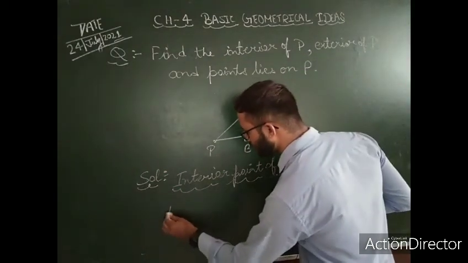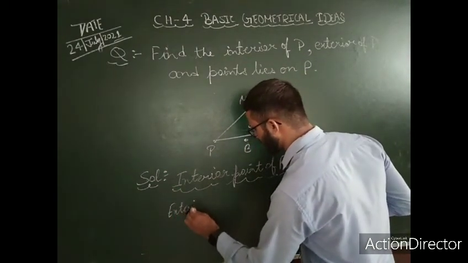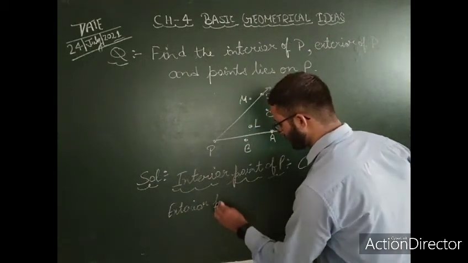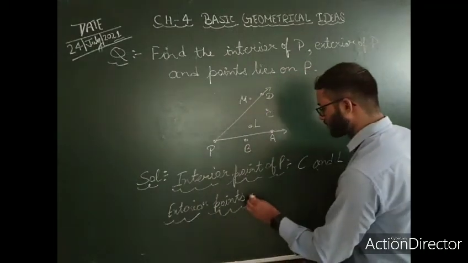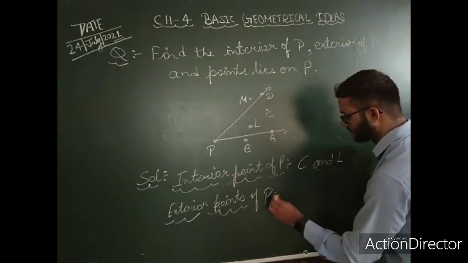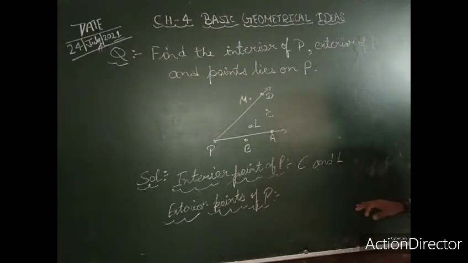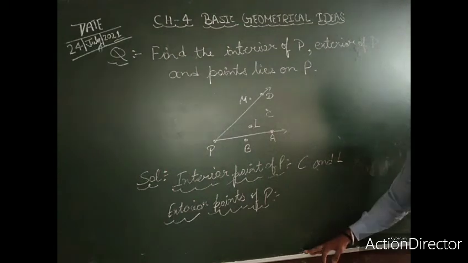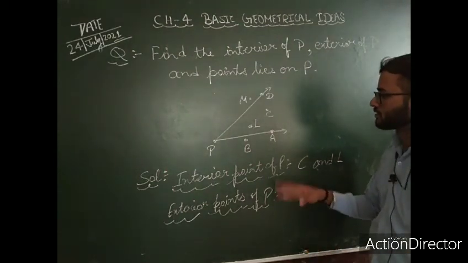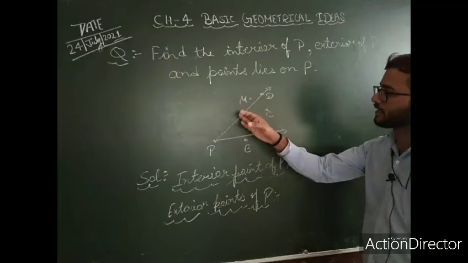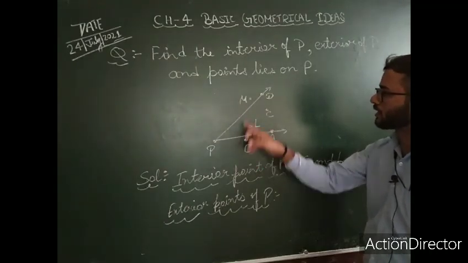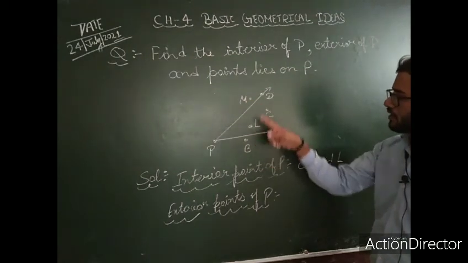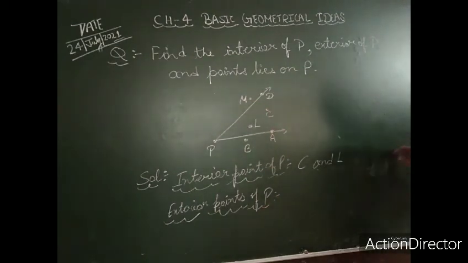Now exterior points of P. What are the exterior points of P here? Exterior points are those points which lie outside of an angle. So point B and point M are exterior points of P here.